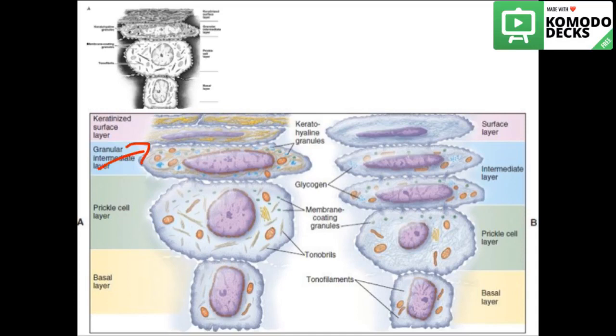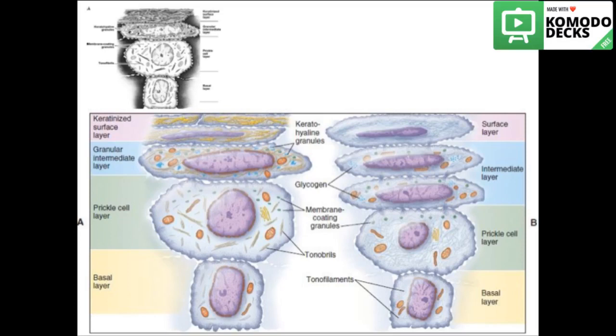Next layer is the granular layer characterized by the keratohyalin, numerous granules in the cytoplasm, while the uppermost layer is the keratinized, which is composed of dead cells that contain no nuclei and no granules and are continuously shed because of friction and the masticatory forces.